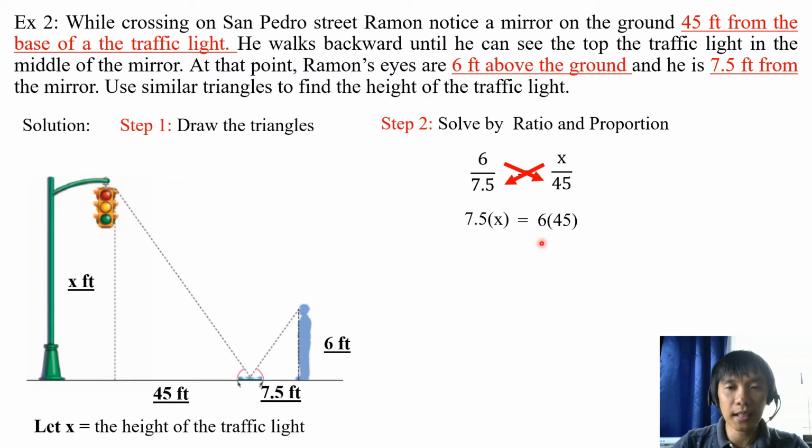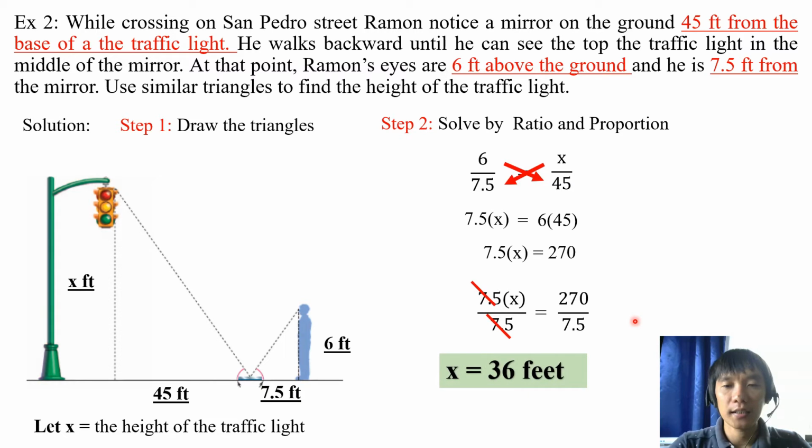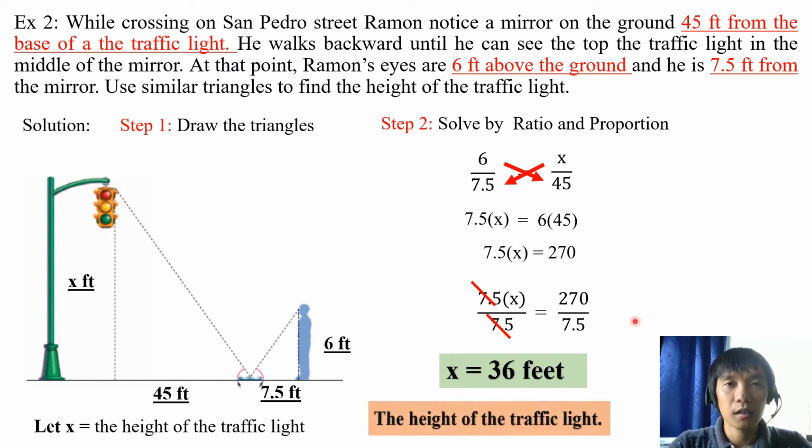Now, solving 6 times 45, it will give you 270. Dividing both sides by 7.5, the left side becomes x, and 270 divided by 7.5 will give us 36 feet. Therefore, 36 feet is the height of our traffic light.